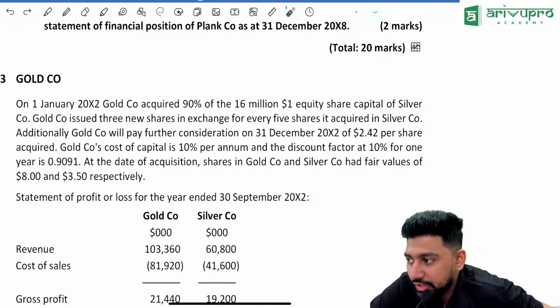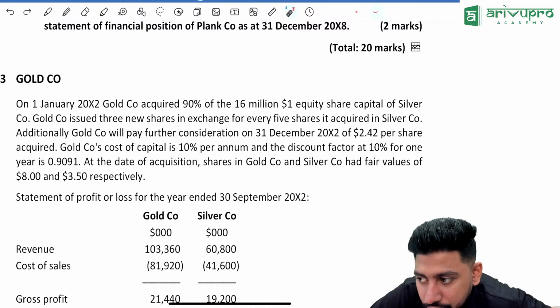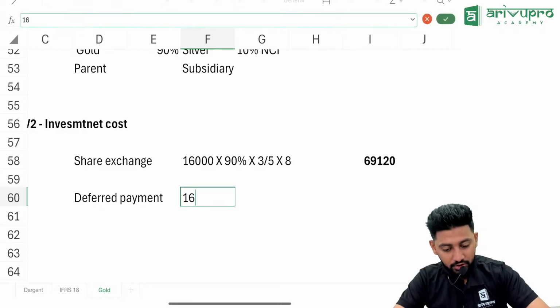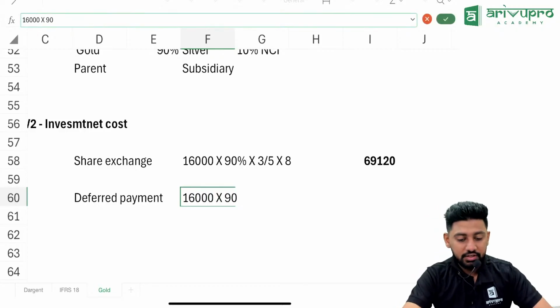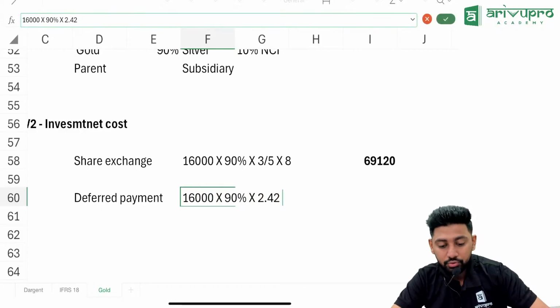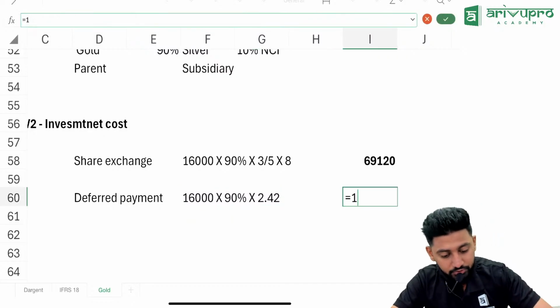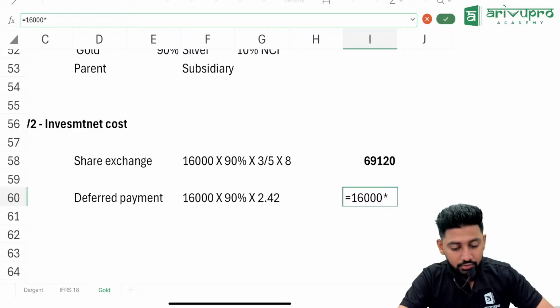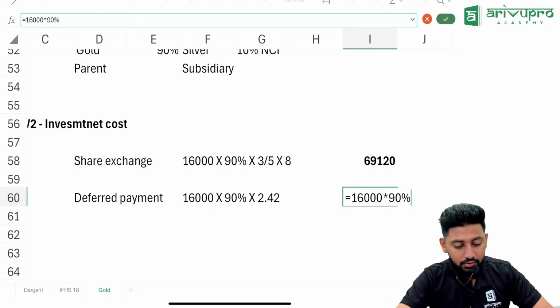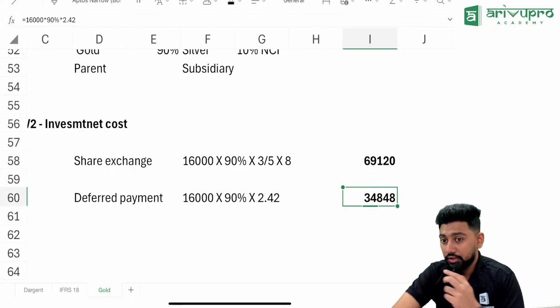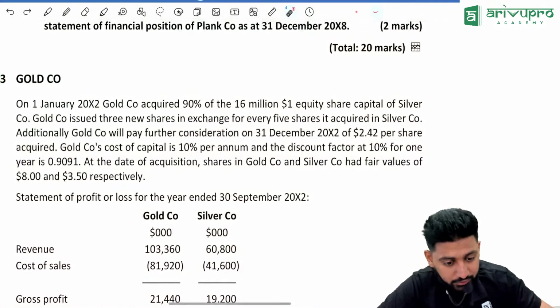Okay, for every share that you are acquiring, you are going to pay 2.42. Okay, so basically you are acquiring 16,000. Out of the 16,000 shares, 90%, you are going to pay 2.42. Correct, 16,000 90% into 2.42. Therefore, equals 16,000 into 90% into 2.42. 34,848. Okay, looks strange, fine.